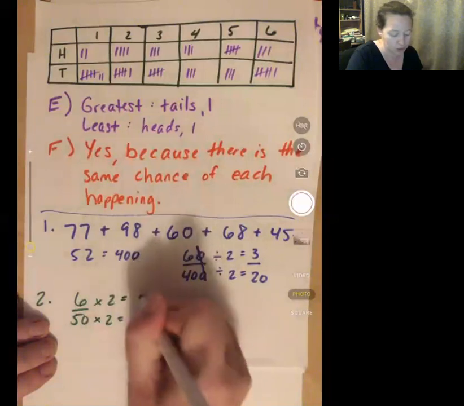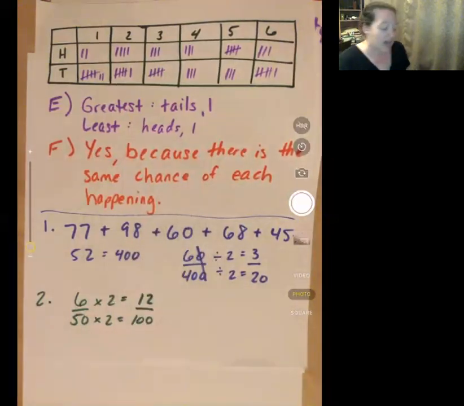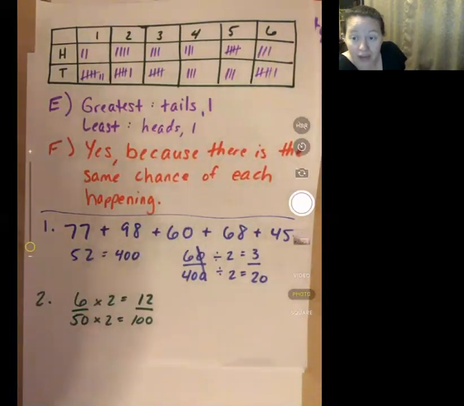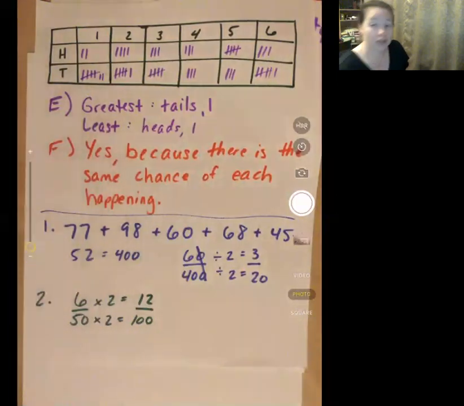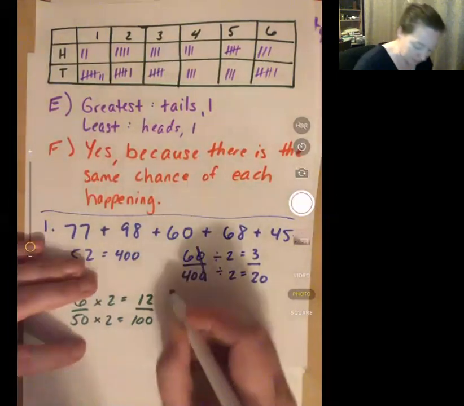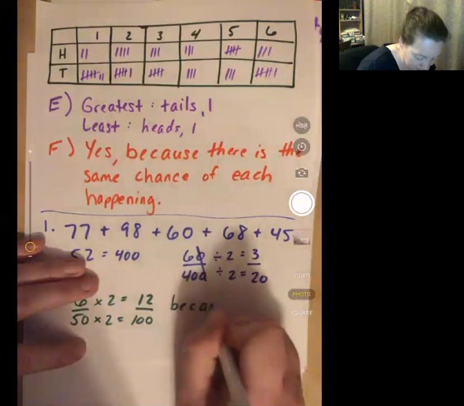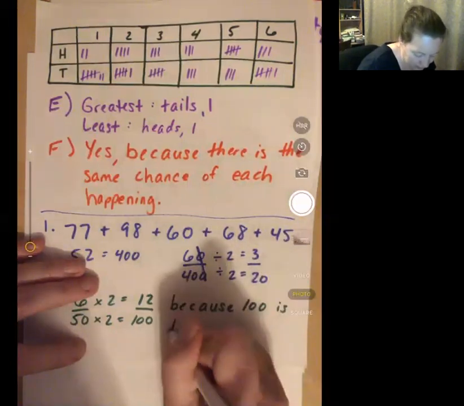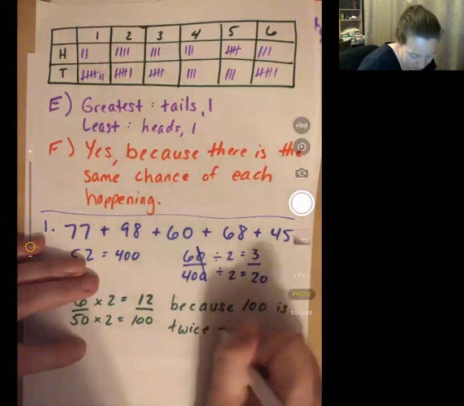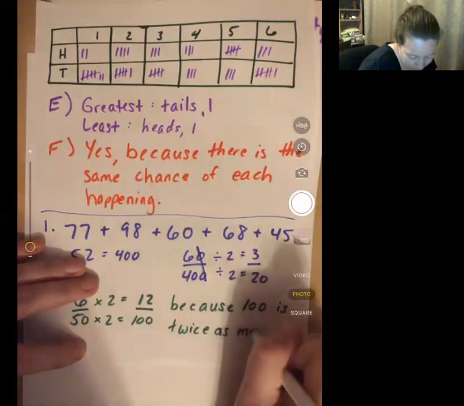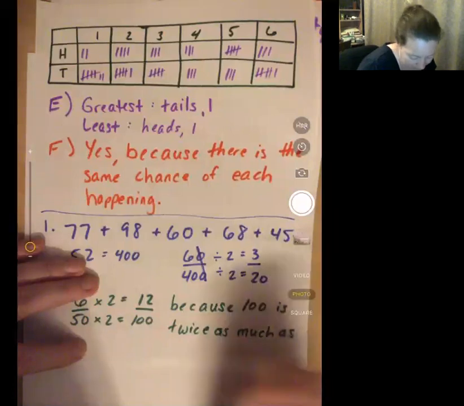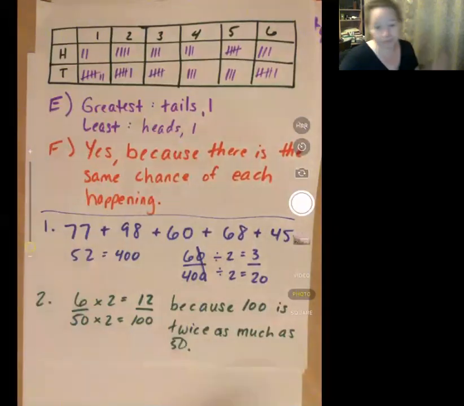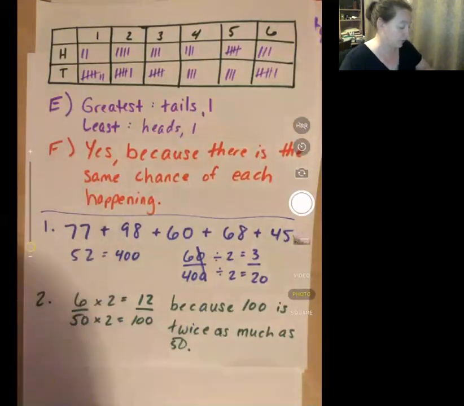So 6 times 2 is 12. I think 12 out of the 100 will be cars. Why? Because 100 is twice as much as 50.